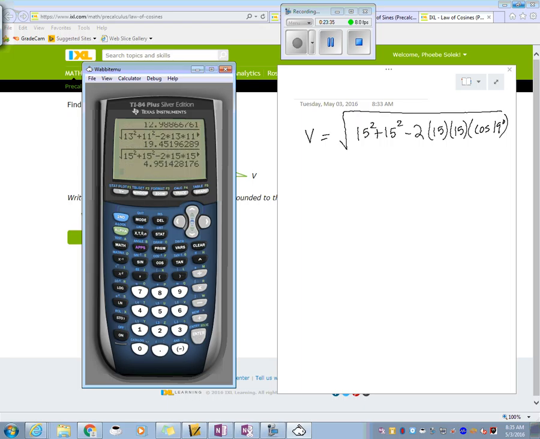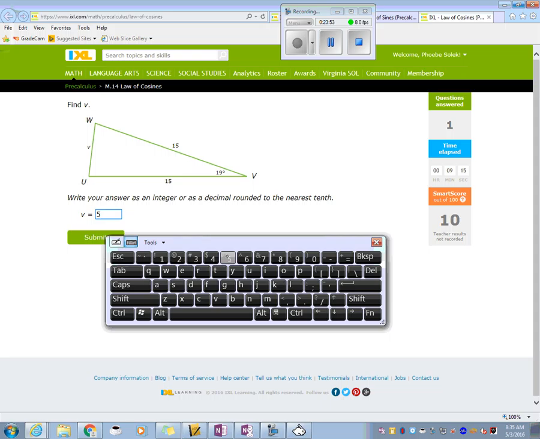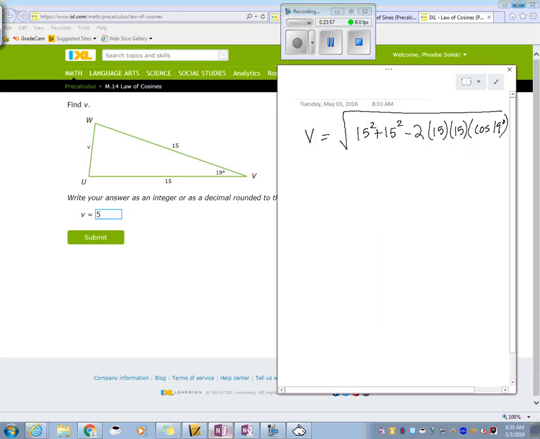Because you have to look at this. This goes up 1/10 more than 4.9, which is 5. So that would be 5. Okay? Did everybody get 5?